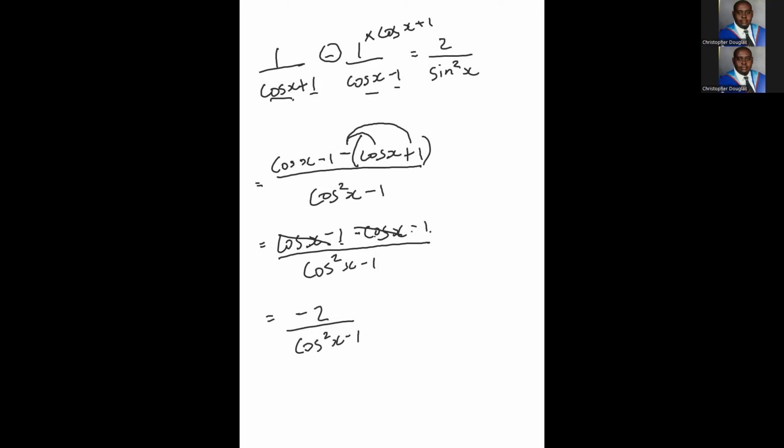Remember, my answer has to be in terms of sine squared x. So look at this now. If my answer has to be in terms of sine squared x, I then have to go to the Pythagorean rule. So you know that everything is going to go back to the Pythagorean rule here.